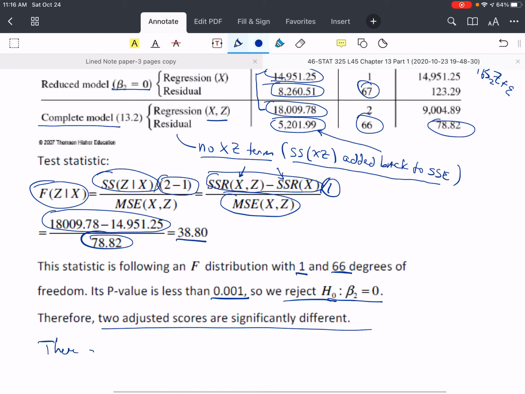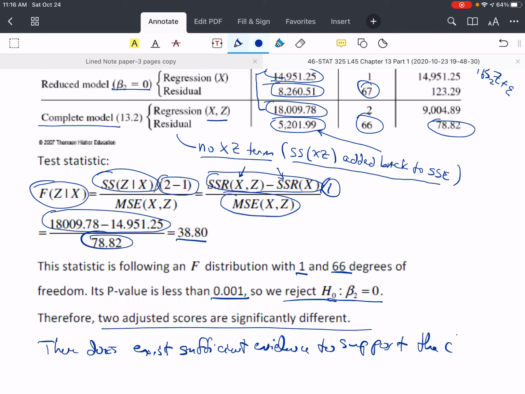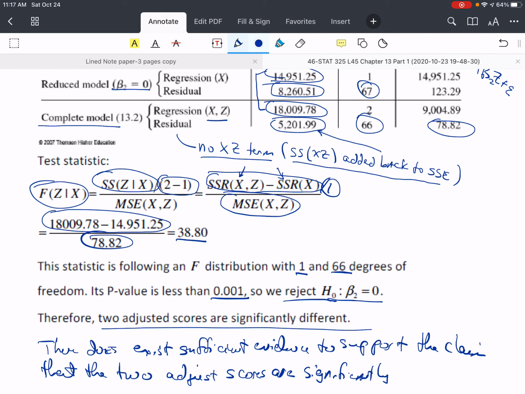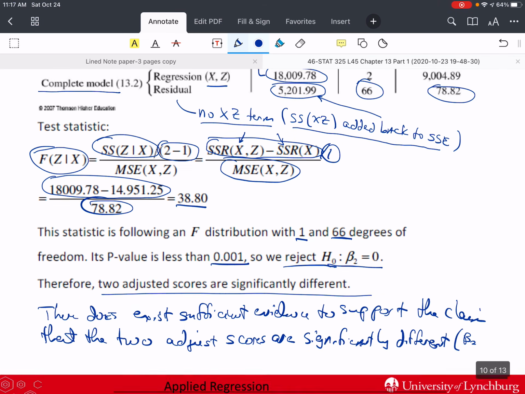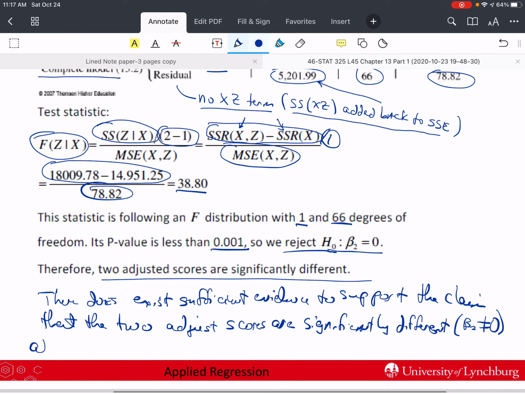So there does exist sufficient evidence to support the claim that the two adjusted scores are significantly different, or beta 2 not equal to 0, at, we could just say, a 99.9% confidence level.